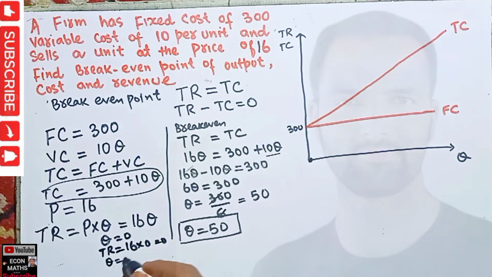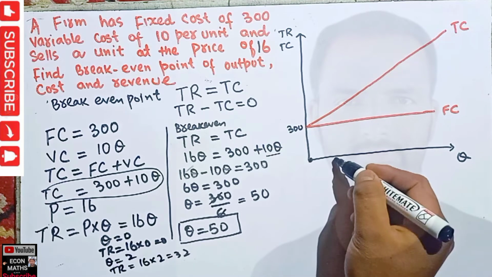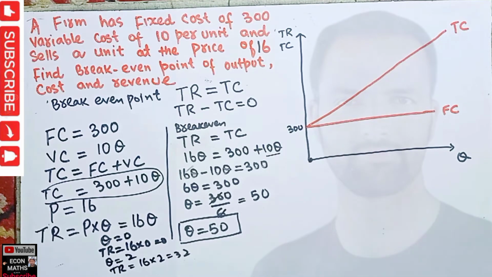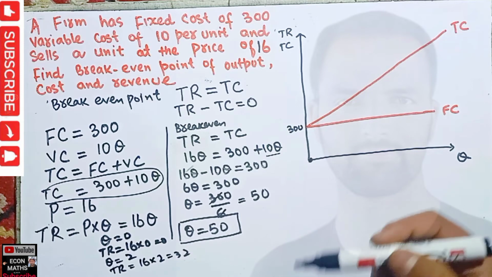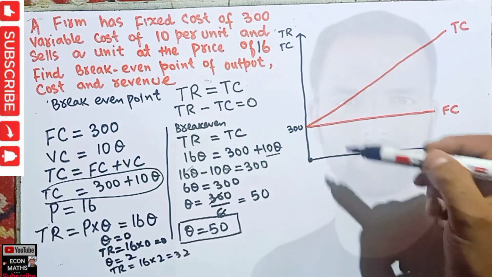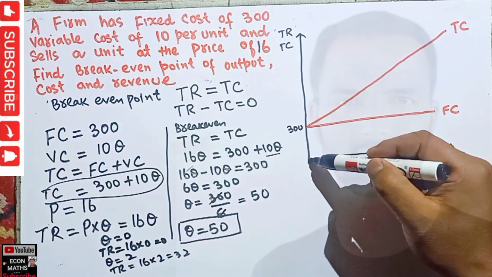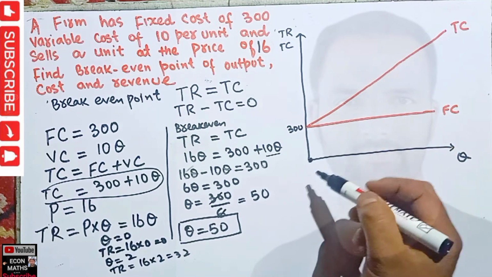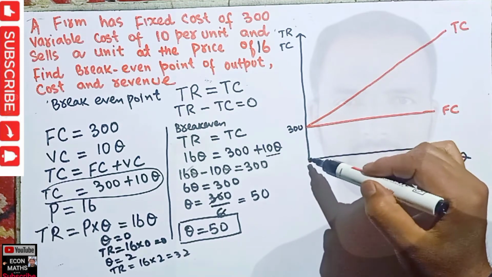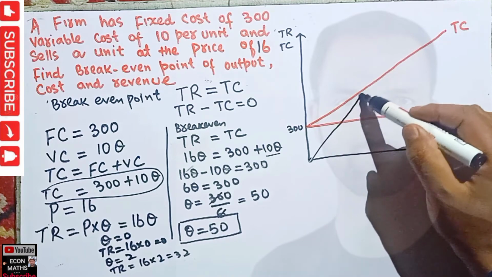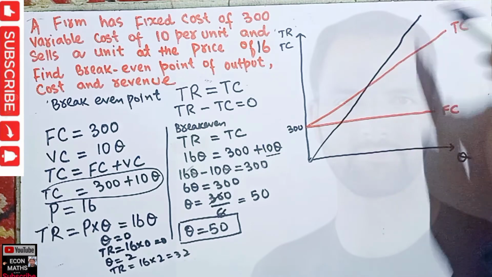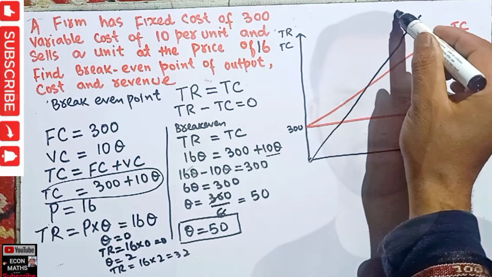Similarly, if Q is equal to 2, total revenue will be 16 into 2, that is 32. It will go through the origin. This is our total revenue.